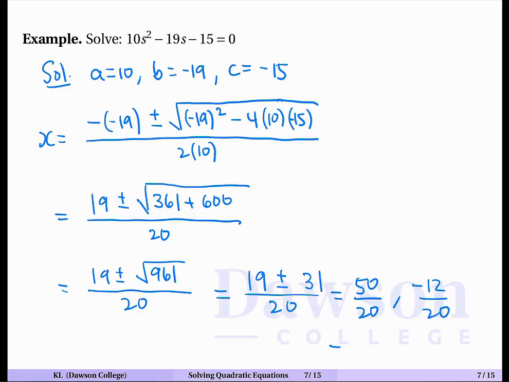So if we simplify, we will have 5 halves. The other one, negative 3 over 5. So these are the two values. These are the two solutions for this equation. Okay?